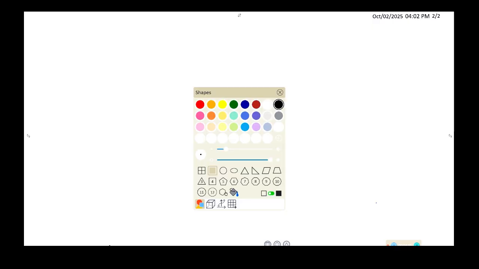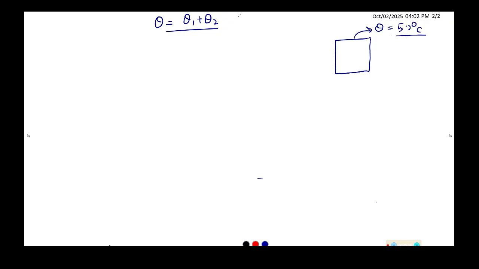So let's redraw. First we are determining theta 1. As we know theta equals theta 1 plus theta 2, and we are taking this theta as 50 degrees centigrade at the top boundary. Therefore, solving first for theta 1.